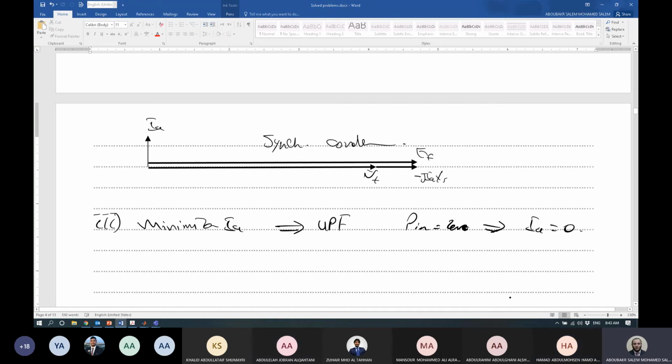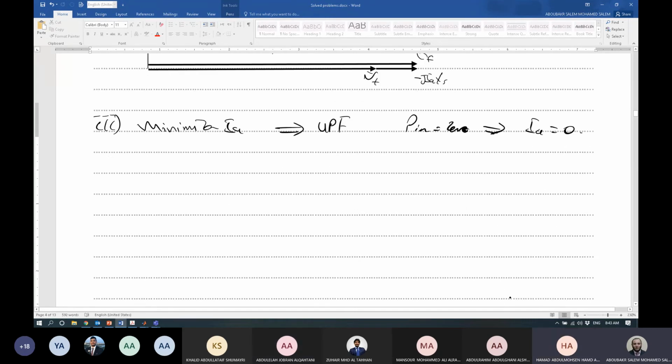And if we plot the V curve of this case, we can find that the V curve will be like that. So this represents now the minimum current, IA equals 0. And at the same point, if we plot the power factor, the power factor will be a maximum here.